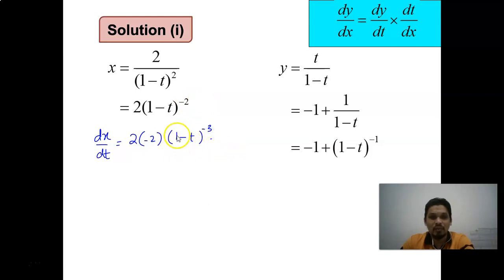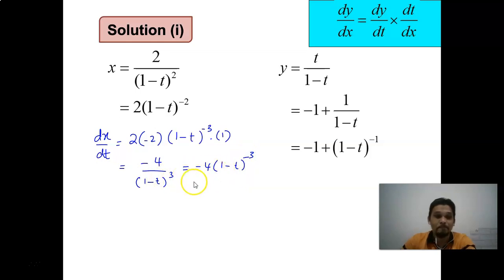Differentiate 1 minus t, then multiply with negative 1. So 2 times negative 2 equals negative 4, divided by (1 minus t) to the power of 3, or negative 4 (1 minus t) to the power of negative 3. Either one, both are actually equal.